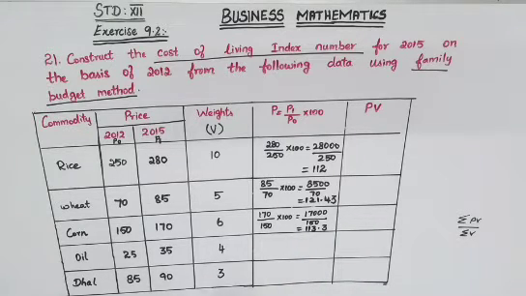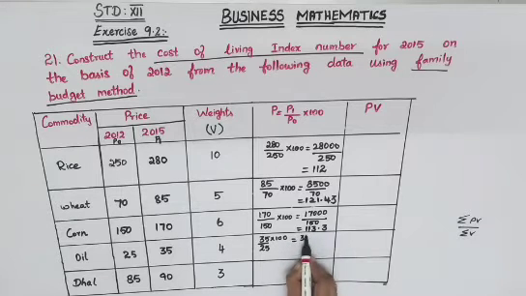The next one is 35 and 25. So 35 into 100 divided by 25, otherwise 35 divided by 25 into 100. Both you can do. So 35 into 100 is 3500 divided by 25. If you divide, you will get 140.